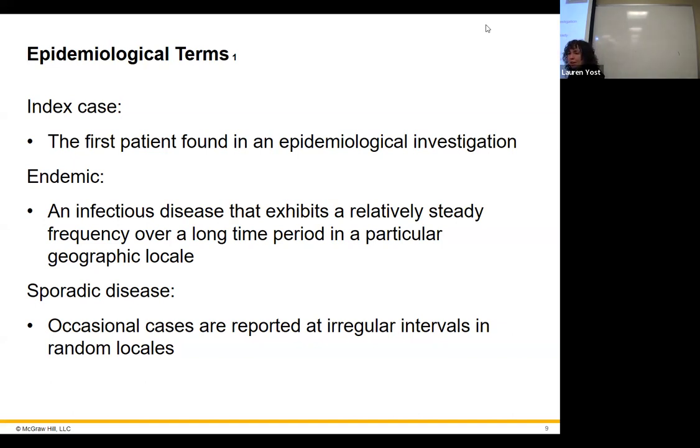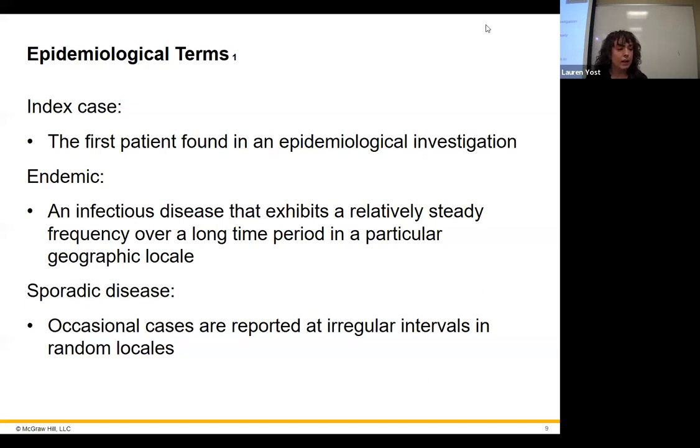He's the first one they find sick from the outbreak of Ebola, but he wasn't necessarily the source. The monkey was, and he was smuggling a monkey from Africa across the ocean, and the monkey had Ebola. So that's one way to look at it: the first patient found to have the disease, the index case.